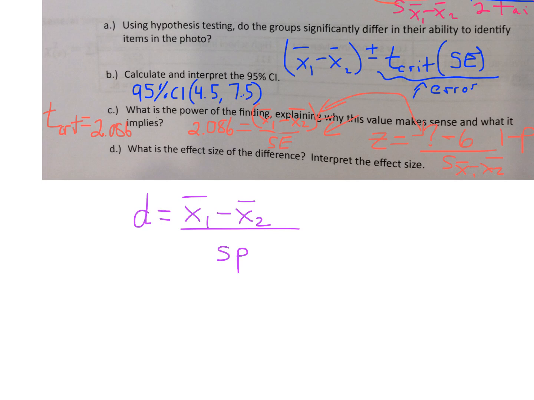I'm going to write x bar 1 minus x bar 2 like that. Whatever we get there, you can use your chart that tells you whether that's a large, medium, or small effect size. And that's what they mean when they say interpret. You're just going to say small, medium, or large.